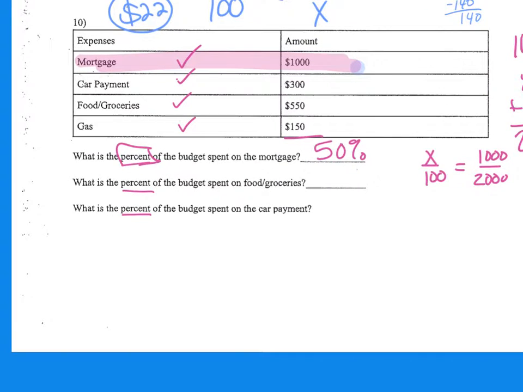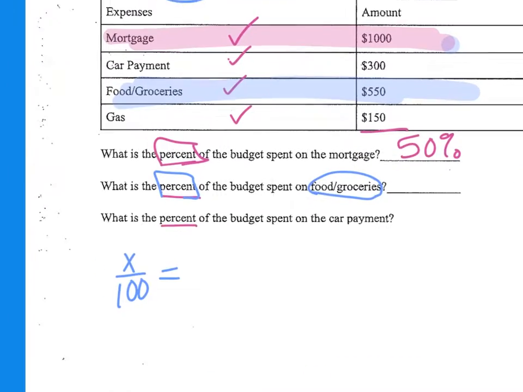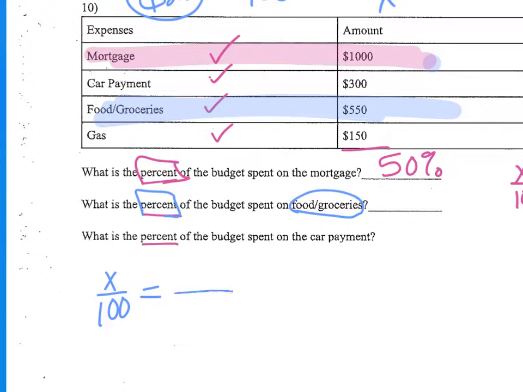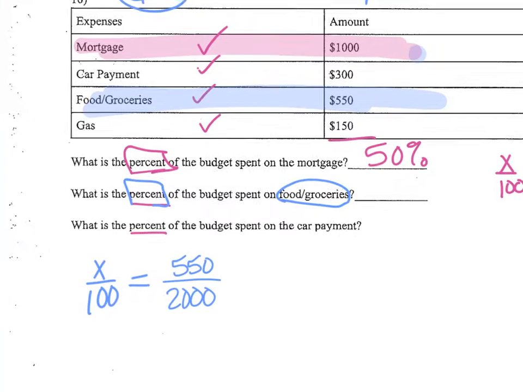Then on the next one, what percent of the budget was spent on food or groceries? Same thing, I need to find out what percent, so X over 100, and out of 2,000, because that's the total budget. How much did we spend on groceries? $550.